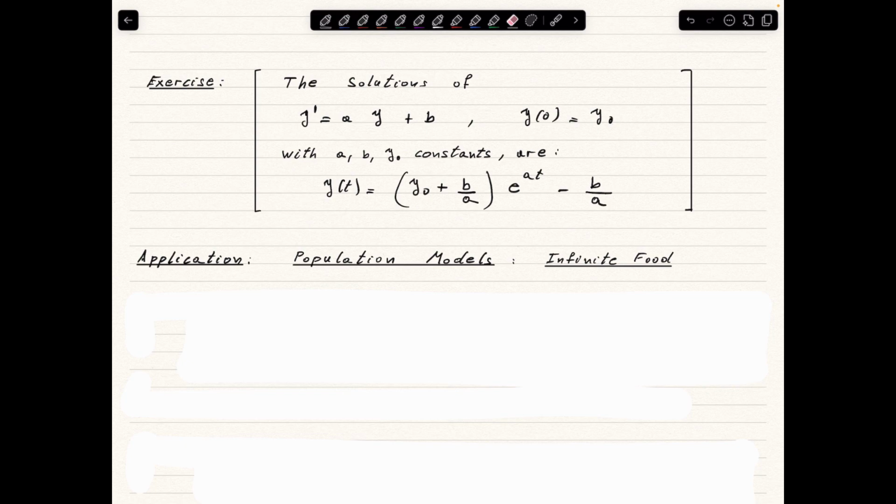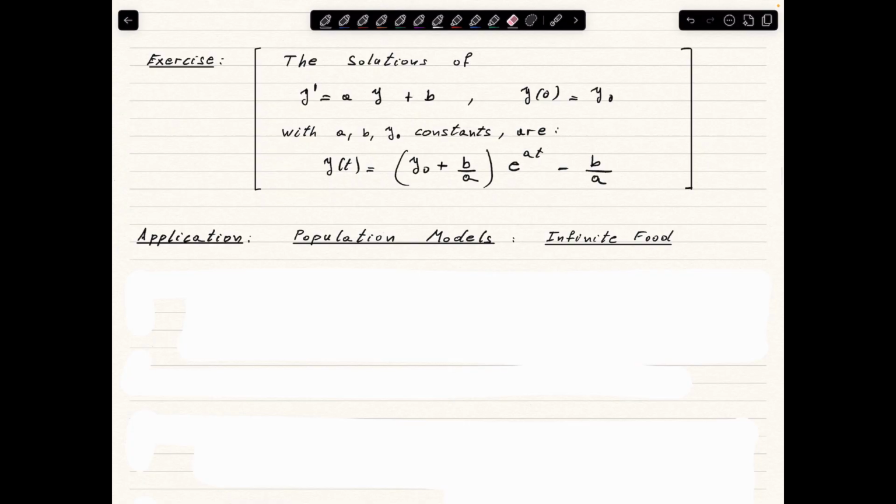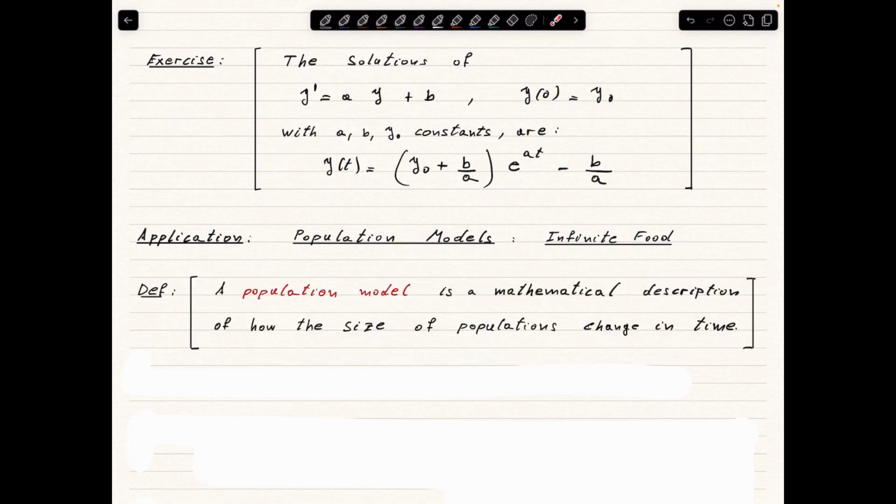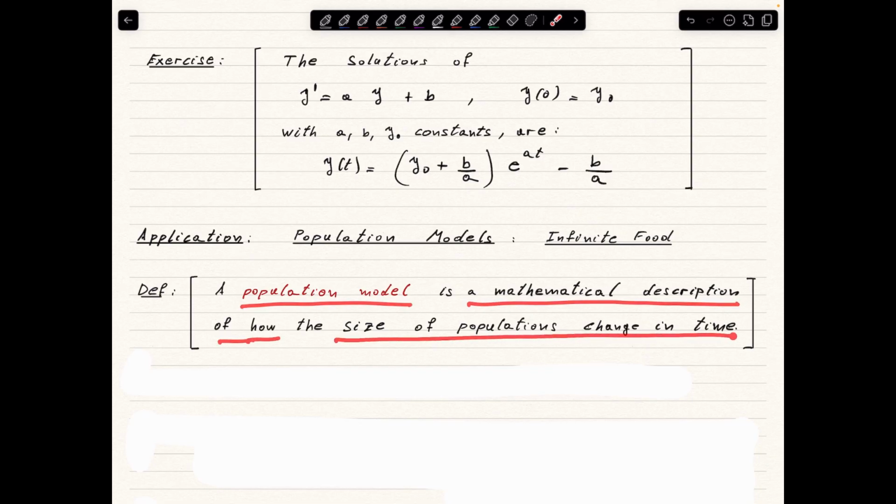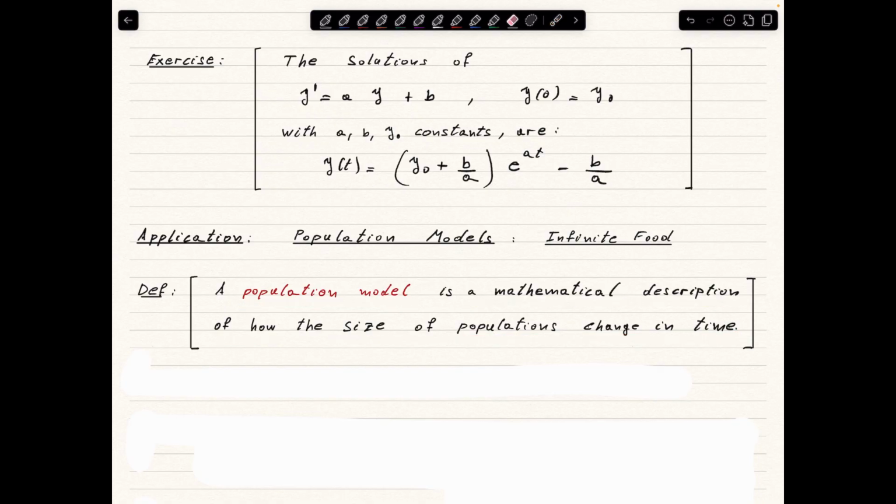And we are going to talk about population models with infinite food in a minute. So first of all, what is a population model? Well, a population model is a mathematical description of how the size of a population changes in time. A population is just a group of individuals, and population growth if they have enough resources, food or space or anything they need.